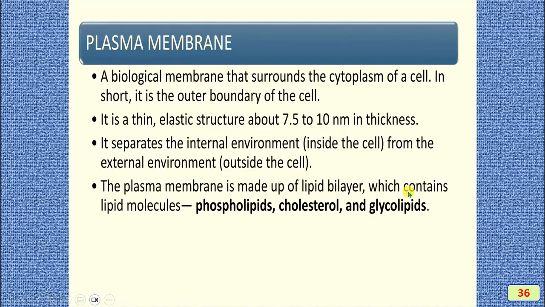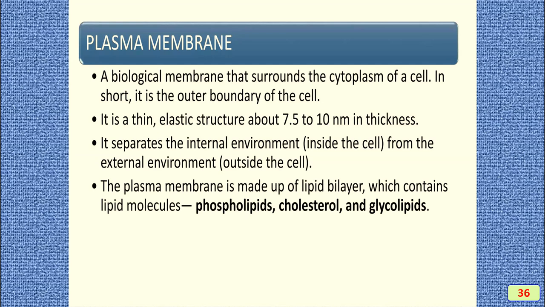The biological membrane of the cell is called the plasma membrane. It is a thin elastic structure about 7.5 to 10 nanometers in thickness. It separates the internal environment inside the cell from the external environment, and it also prevents damage to the cell.